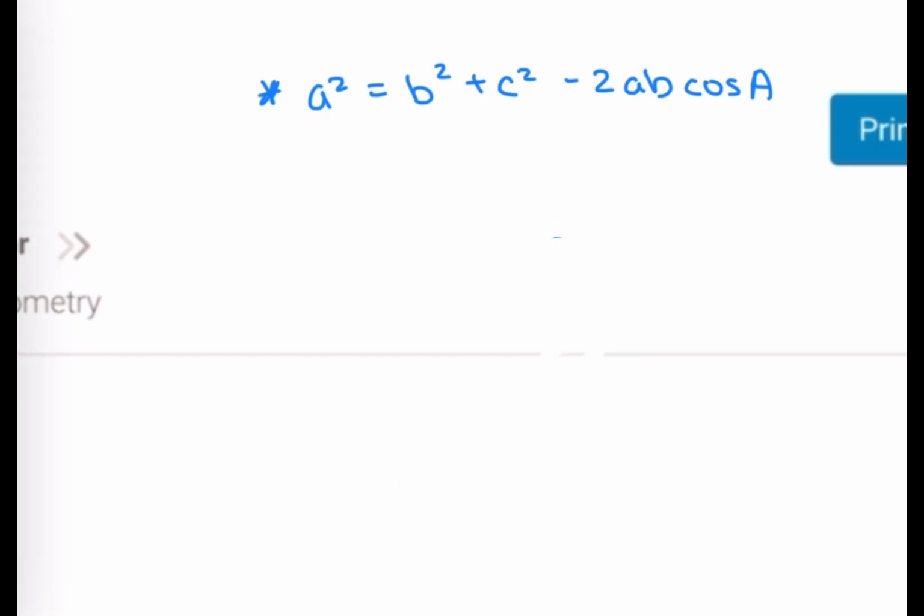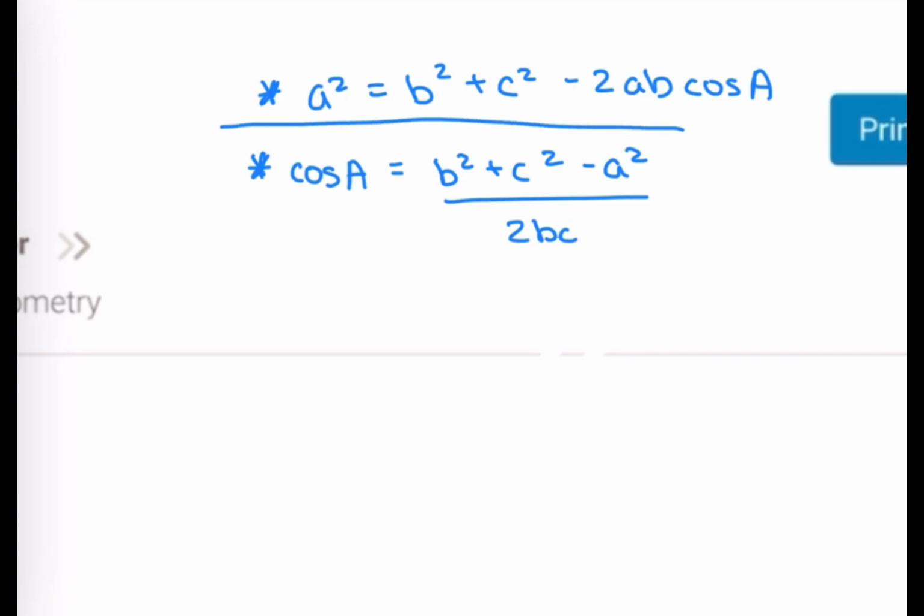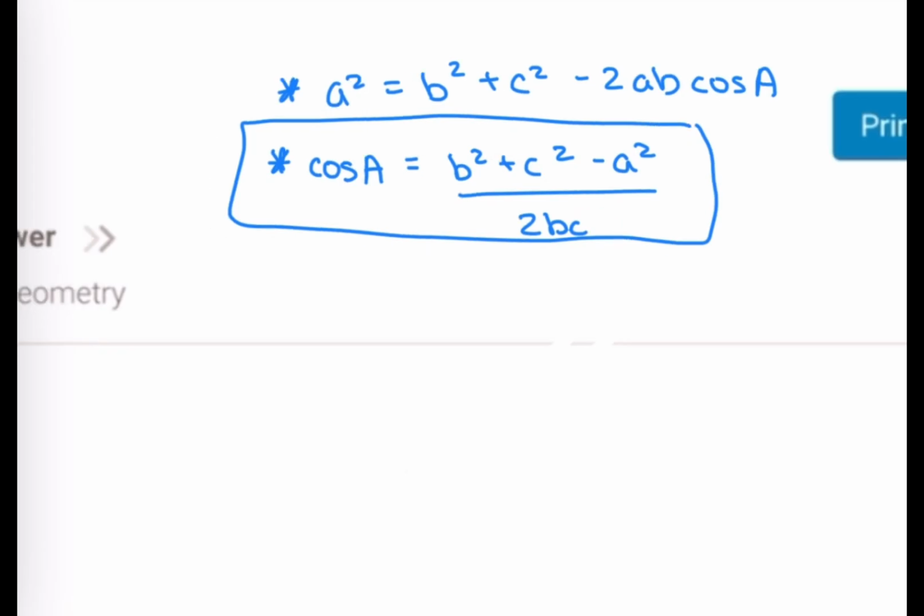Right now we're not solving for a side, we're solving for an angle. So we directly apply the formula cosine A is equal to b squared plus c squared minus a squared over 2bc. These two are the same formula, but the first one solves for a side, and the second one solves for an angle, which is what we're solving for right now.